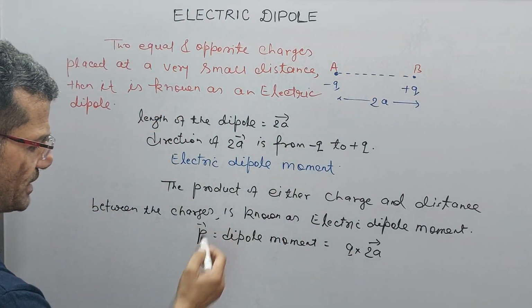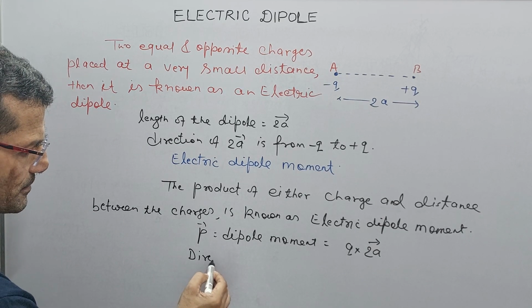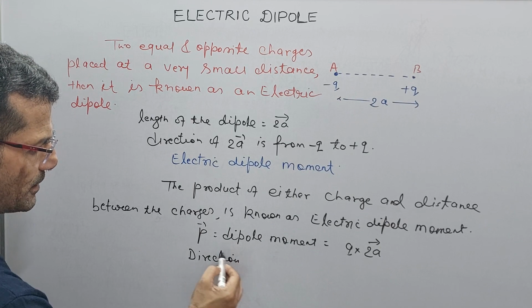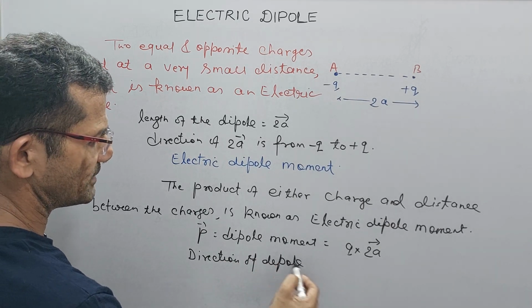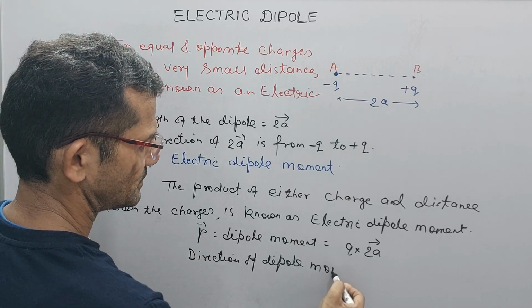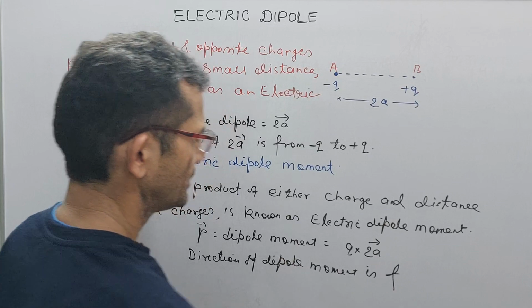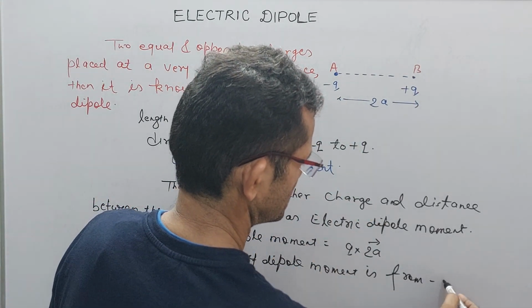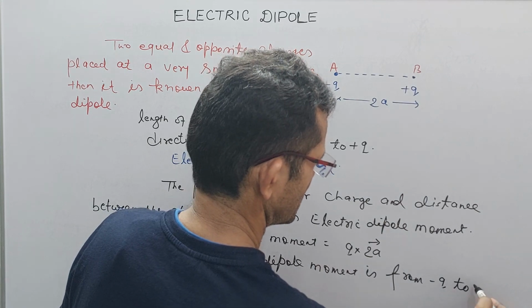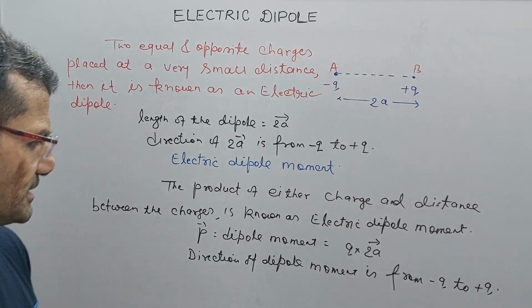The direction of the dipole moment is obviously from minus q to plus q. So this will be the direction.